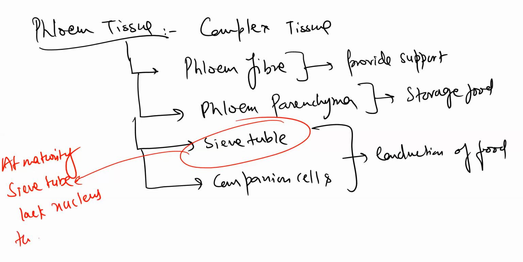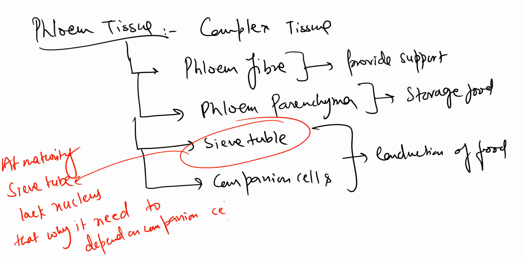That's why they need to depend on companion cells for coordination.